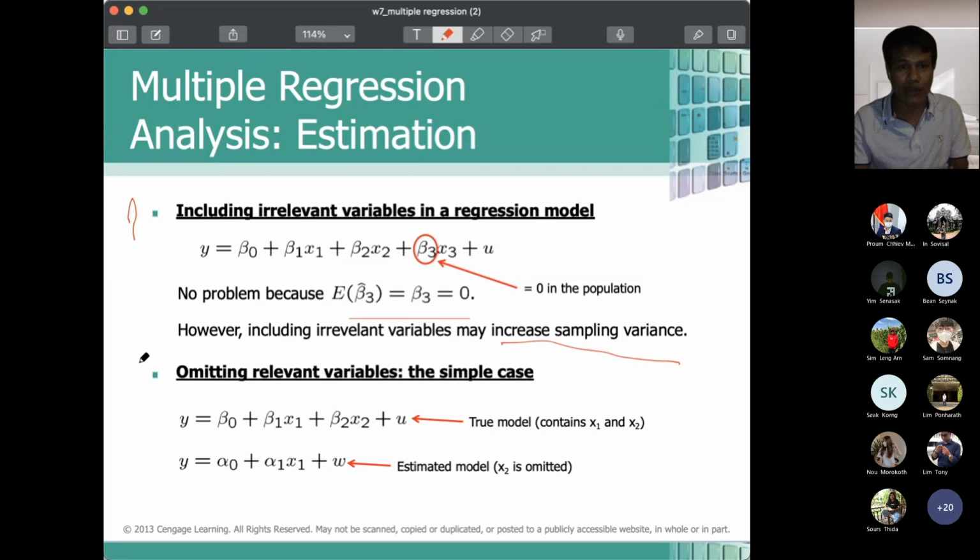So in this case, you have a problem of endogeneity, or the zero conditional mean assumption is violated. We call this an omitted relevant variable.